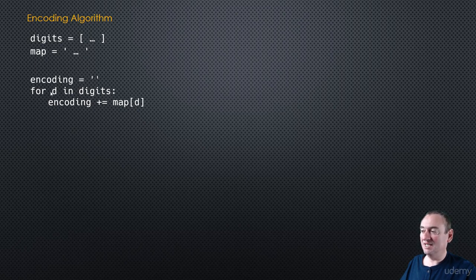So for every D in digits, we look up the character that corresponds to D, based on the ordinal position, and we add that to our encoding string. We're running from left to right now, right? When we loop through digits, we're going from left to right. So remember what plus equals means: A plus equals B just means take A plus B and then put it back into A.